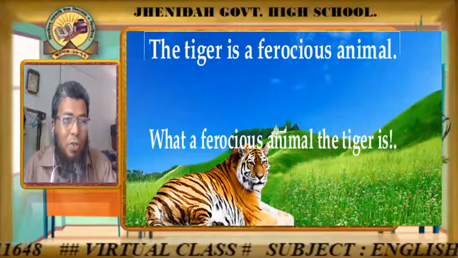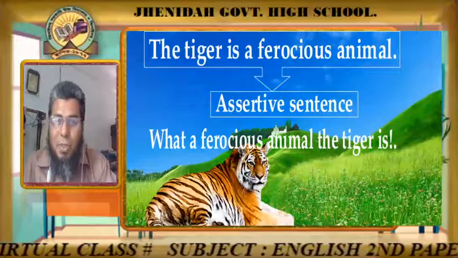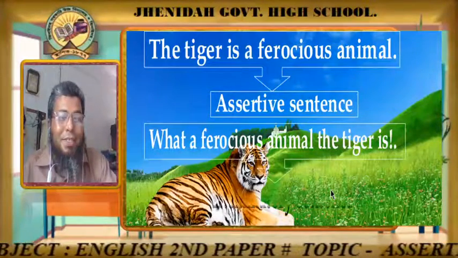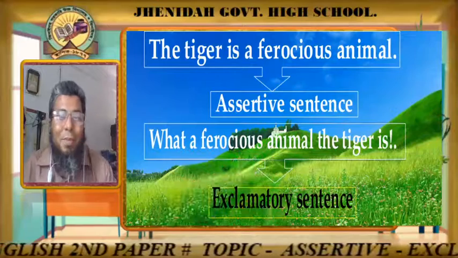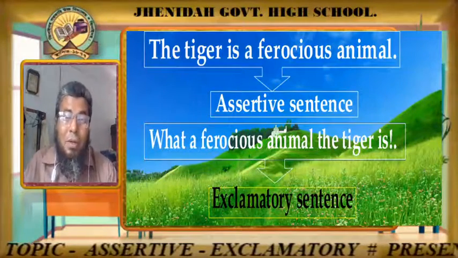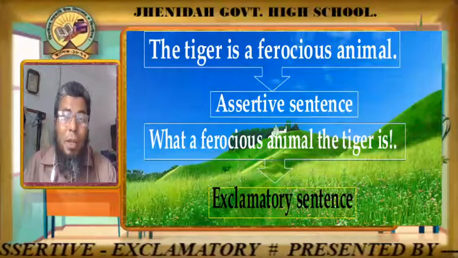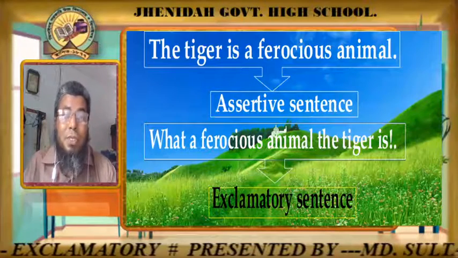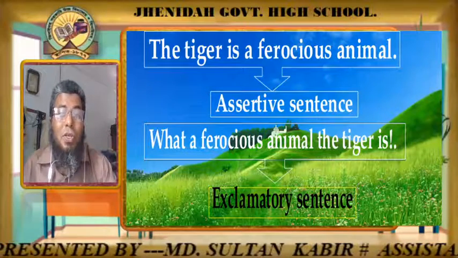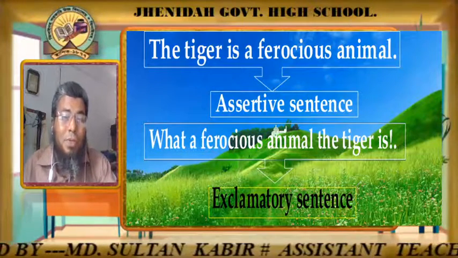So the first one is an assertive sentence, and the second one is what? The second one is an exclamatory sentence. Today we will learn how to change an assertive sentence to an exclamatory sentence by following the structure of the assertive sentence.